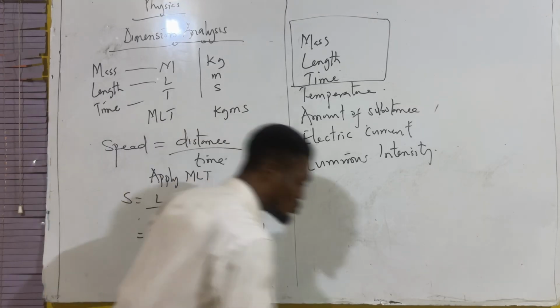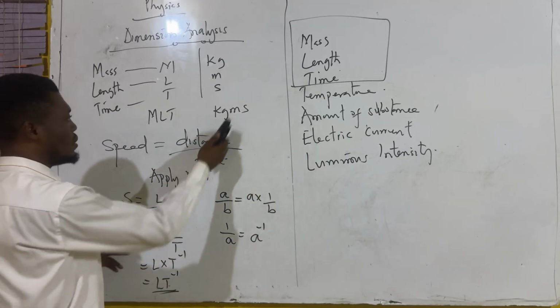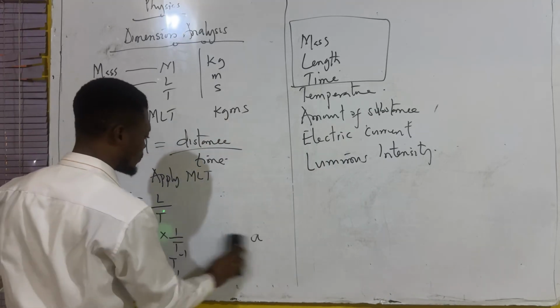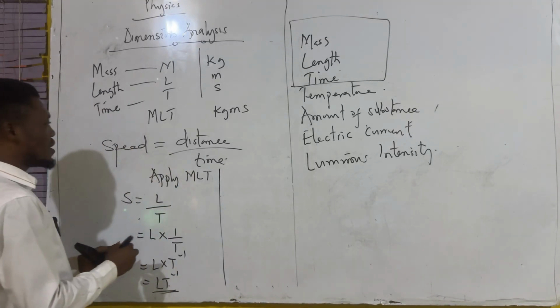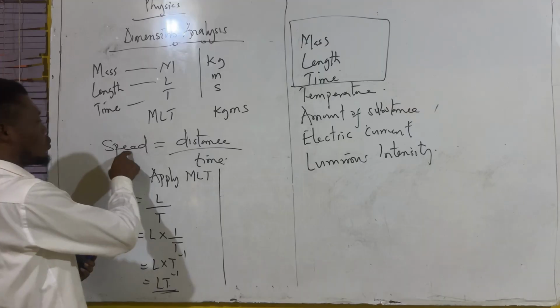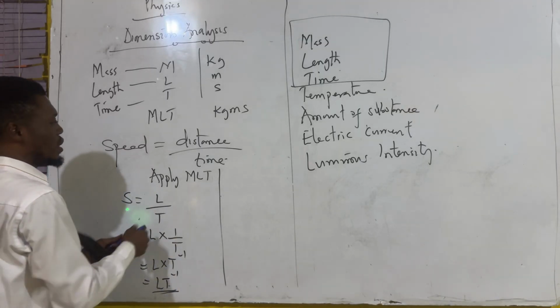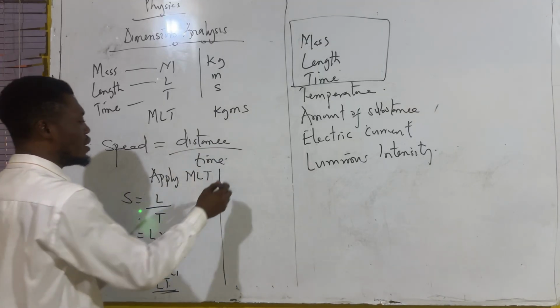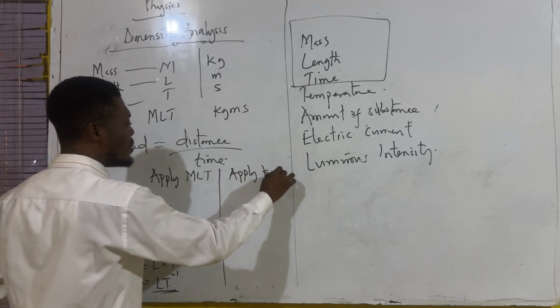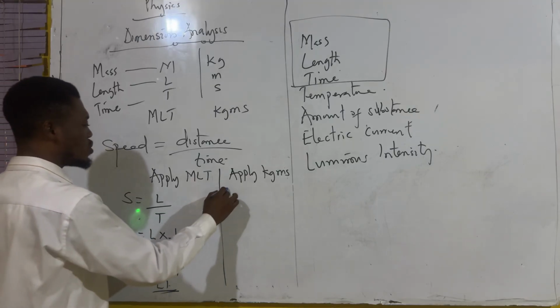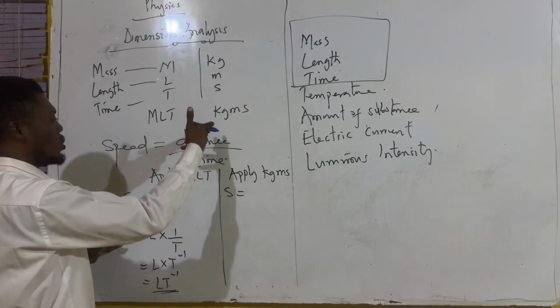However, if I need to calculate the units of speed, it's the same steps. First, what's the formula of the quantity? Second, if the quantity does not have a formula again, you apply kg, m, s. Now for speed, how do you measure distance?